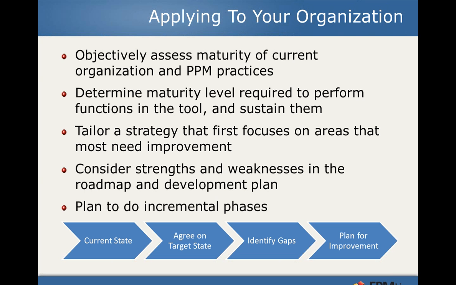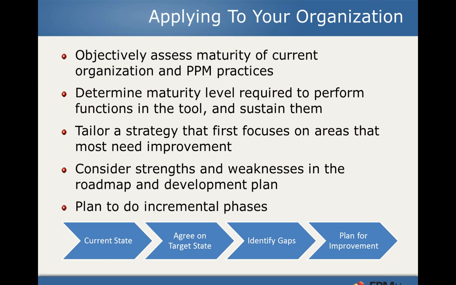Let's be honest with ourselves before we build a plan. Where are we really? Not where we think we are or where we would like to be. And then once we determine the maturity level required to perform the functions in the tool, let's put a rollout plan in accordance, and let's reflect back to that big picture. Let's deploy the things that we can sustain today, have a success at that level, and then move on and add additional capabilities as we go.